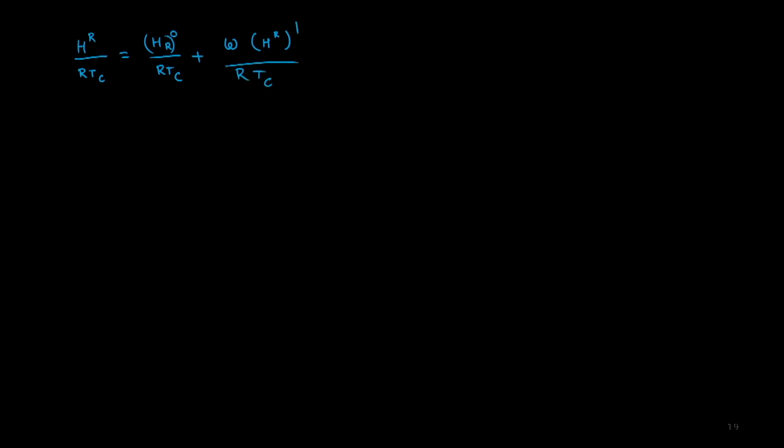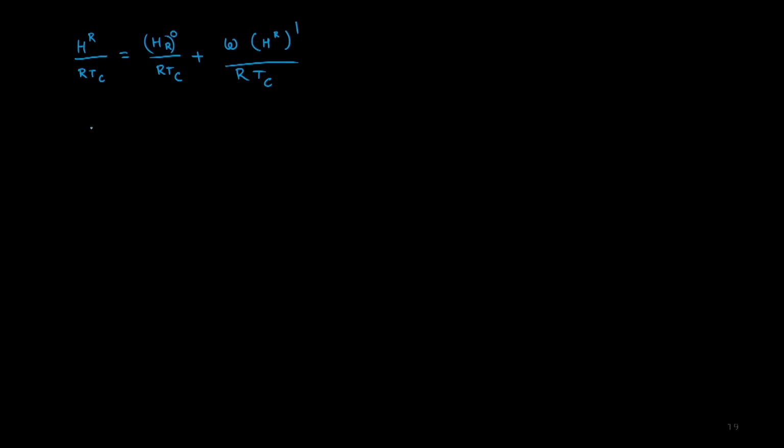So the residual enthalpy contribution over RTC comes from two terms, an HR naught term and an HR1 term. It's still a linear function of omega, but unlike Z, we have the denominator in this case, which is RTC.